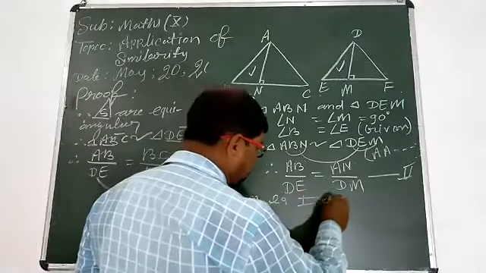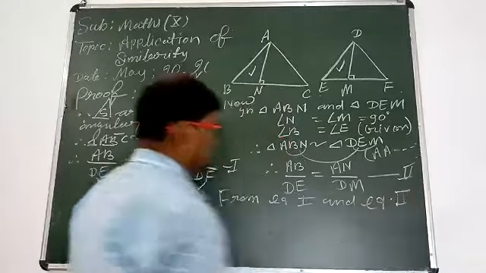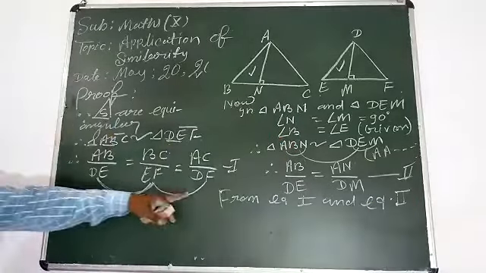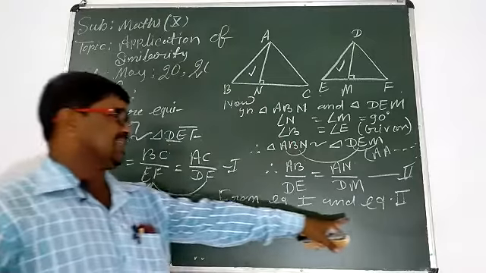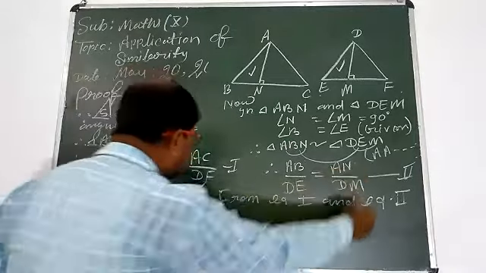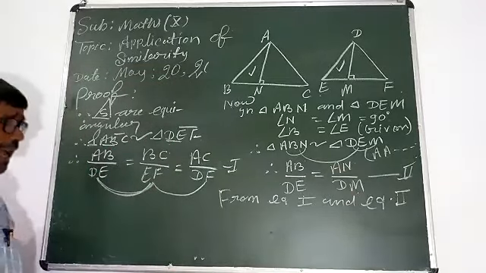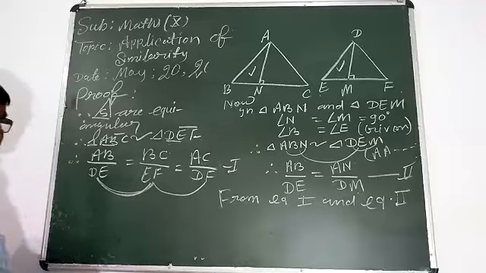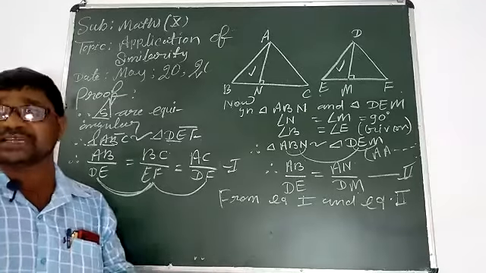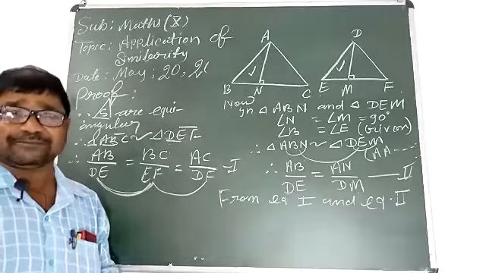From equation first and equation second, what can you say here? AB upon DE equal to AN upon DM, and AB upon DE equal to BC upon EF. Anybody can describe the main statement here? Yes, sir.